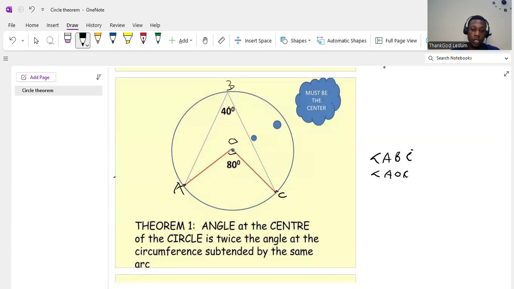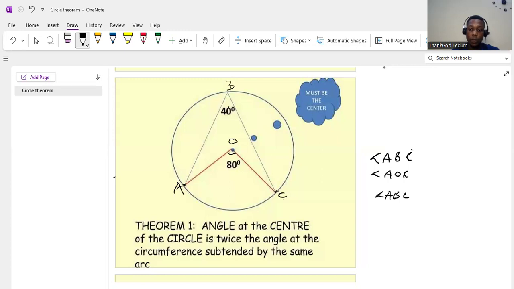All right, so what this theorem is saying is that the angle formed at the circumference, which is angle ABC, is 2 times the angle formed, sorry, at the center of the circle.